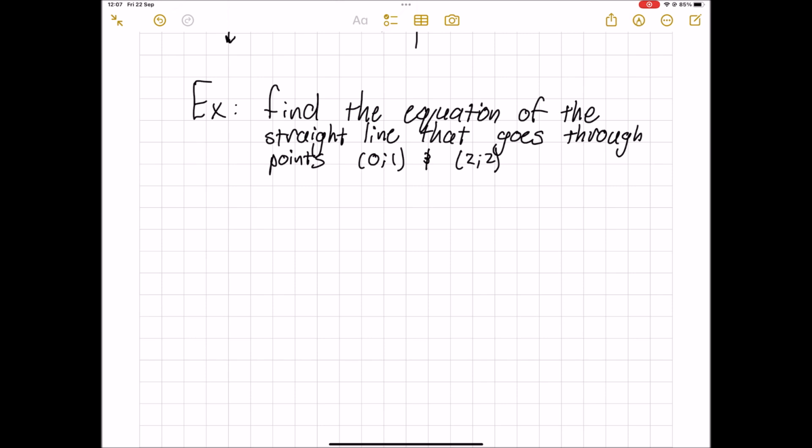So what I'll do firstly is, it's a straight line, so you can use the equation y equals mx plus c. So I'll write that down.